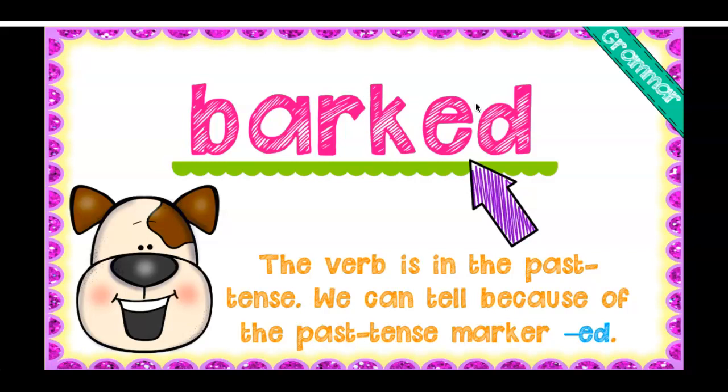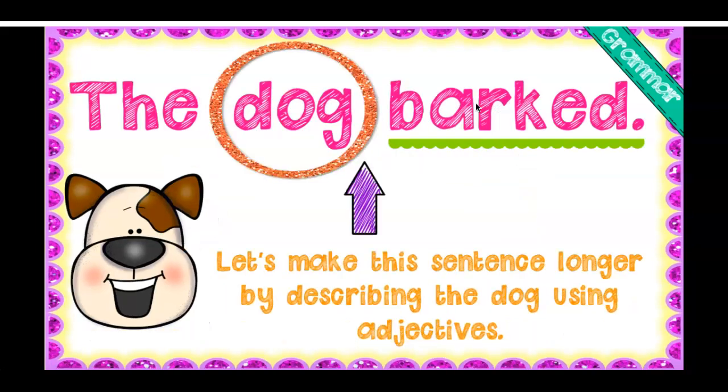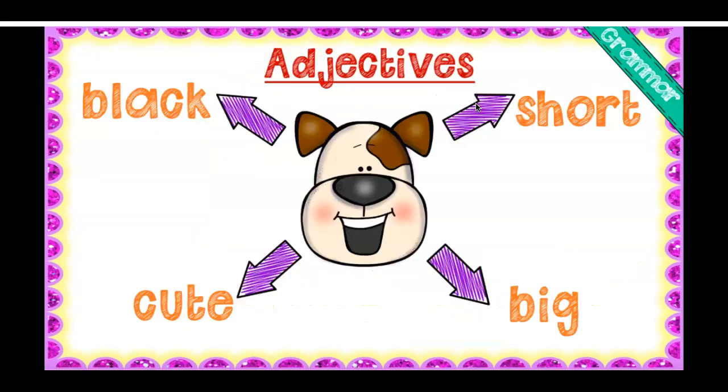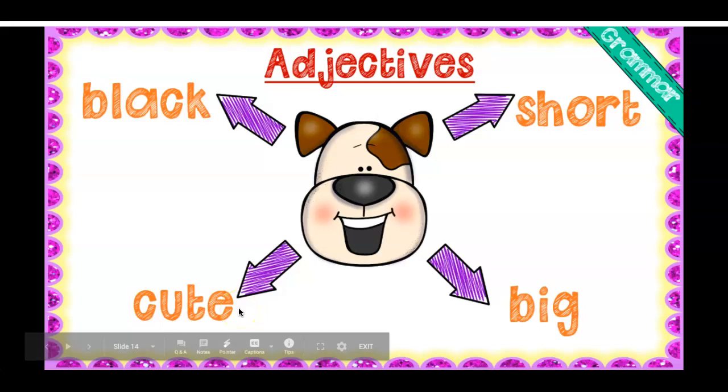So I'm wondering what I could add to this sentence. What adjectives can I add to describe the dog? So the dog barked. Let's make this sentence longer and more interesting. Okay, so maybe I could say the black dog barked, or the short dog barked. I could say the cute dog barked, or the big dog barked.